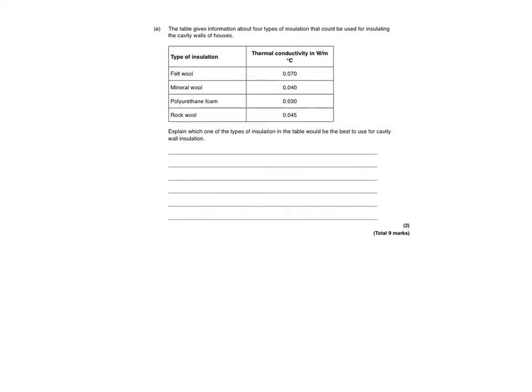Okay, we had thermal conductivity. You had to pick polyurethane foam because that had the lowest thermal conductivity. Conductivity is about how easily a material allows energy through, and the clue kind of is in the units there. Watts per metre degrees Celsius. What that means is, if we remember, watts are how many joules per second.